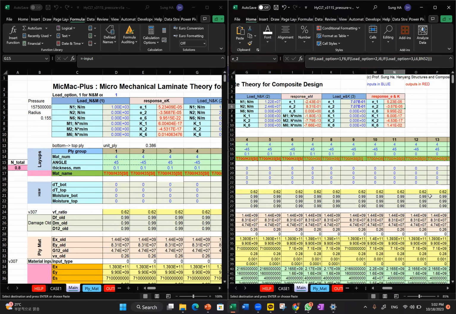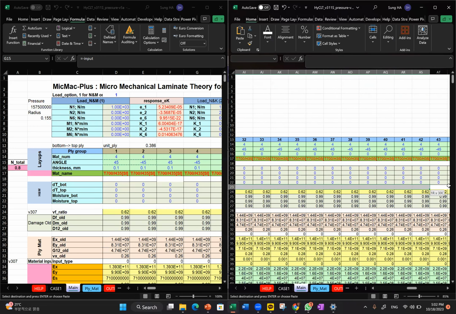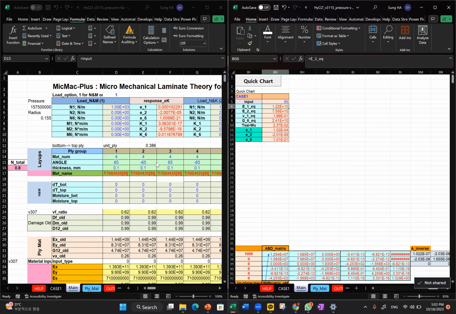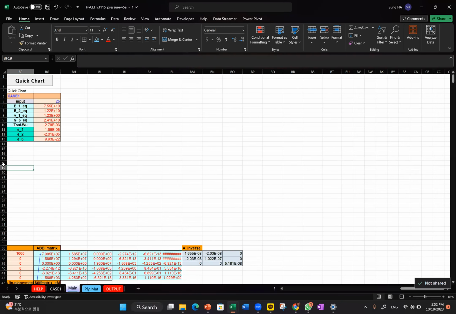So if we pay attention here, if we change it to 65, this angle will be automatically changed like this, and then this can be 25 and so on. Now, this is a macro to iterate all the cases.